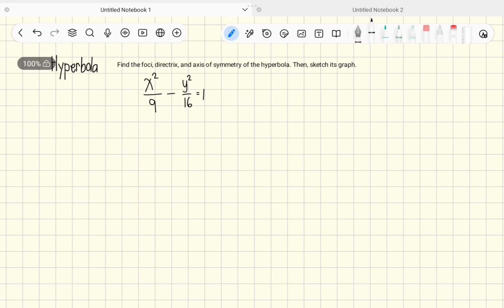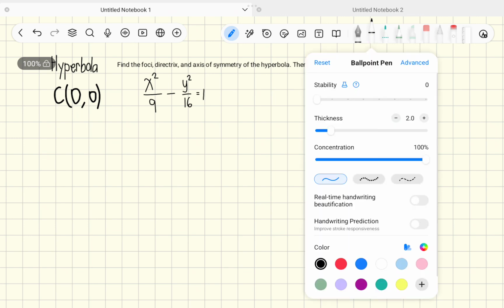So looking at our equation, we can see the center of the hyperbola. Where do you think it is? The center is at the origin. What other information can we get from this hyperbola?